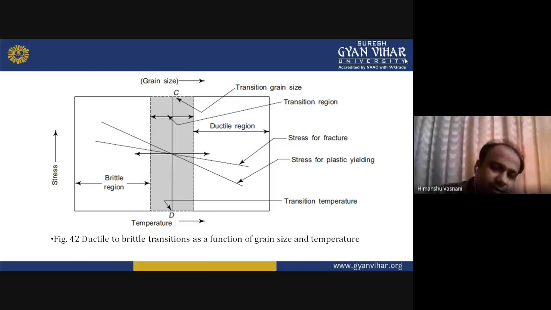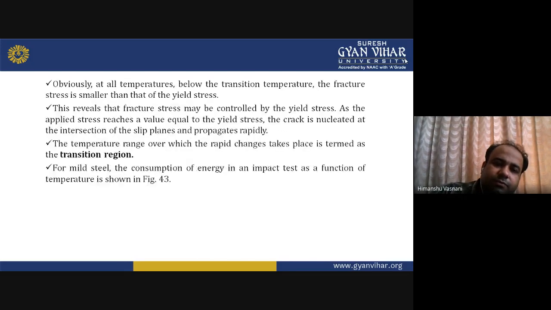In the center, on the left and right hand side of the CD line, there is a transition region. This is the temperature range. You can see at the bottom there's a temperature arrow. So this is the temperature range, and there is a transition temperature also shown at the point D. So you can understand the importance of this in this topic.